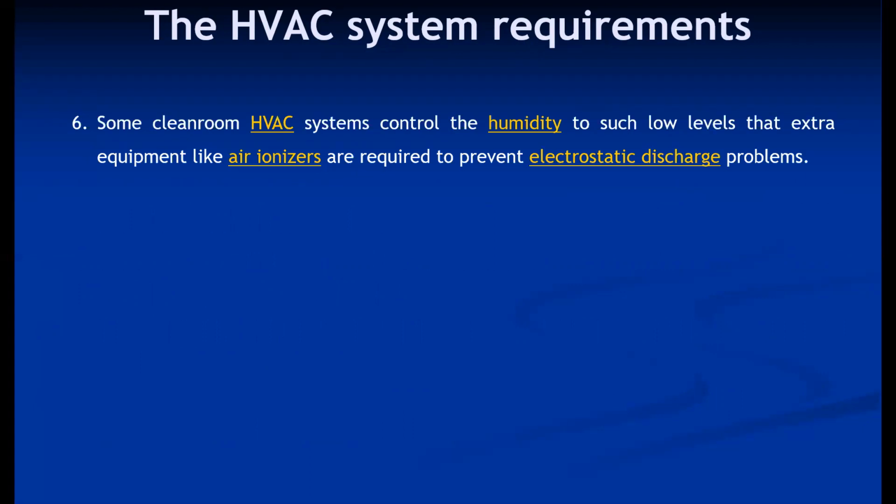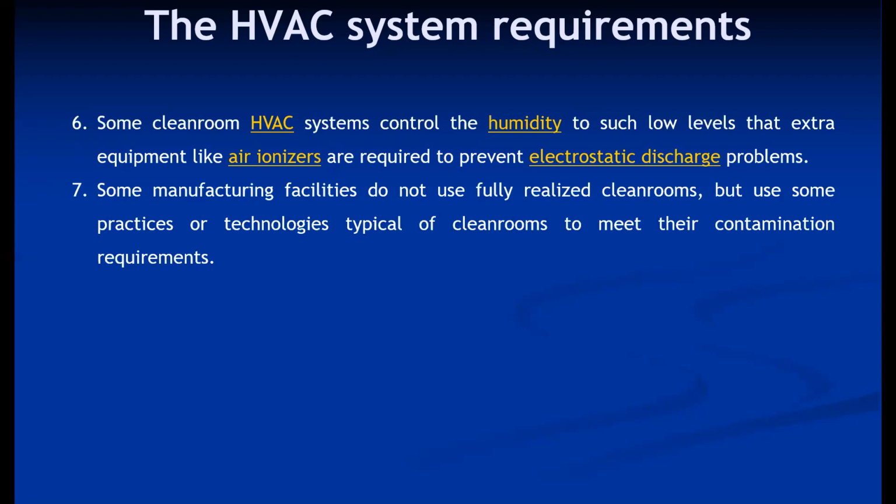So to trap the bacteria, generally air ionizers are used to prevent the bacteria growth. Then some manufacturing facilities do not use fully realized clean rooms, but use some practices or technologies typical of clean rooms to meet their contamination requirements. Actually, all the parameters are not stringent in clean rooms. Depending upon the requirements, some practices of the clean room are generally adopted.